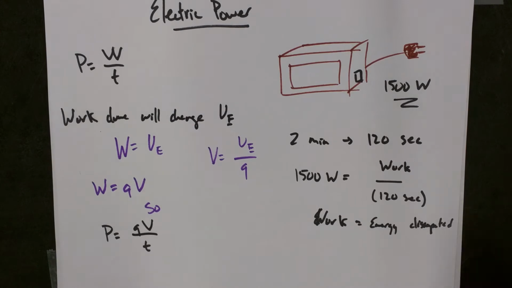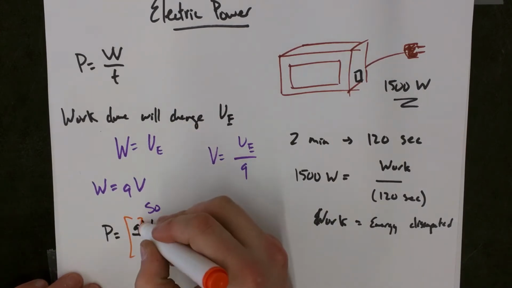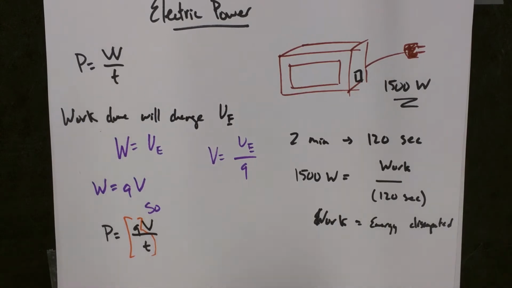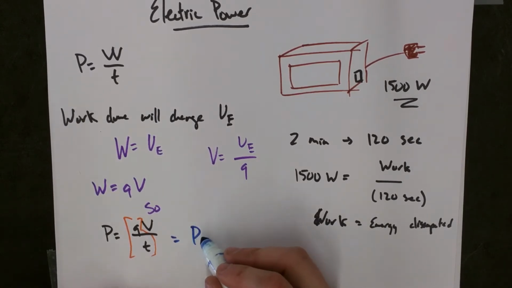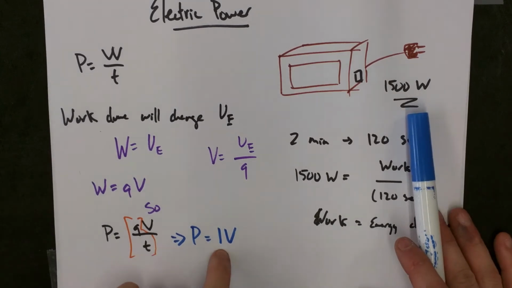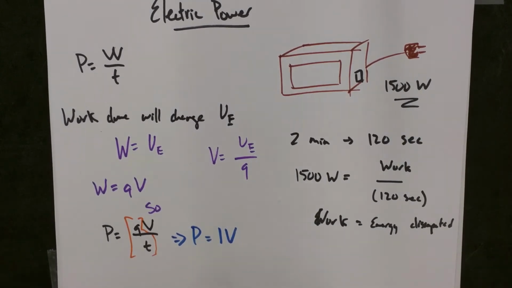You should notice something. There's a relationship that we already have discussed. It's Q over T. That is current. So power really is then IV when we're discussing electric charge in circuits. Power is the current times the voltage.